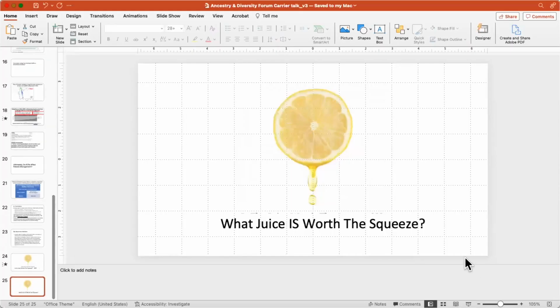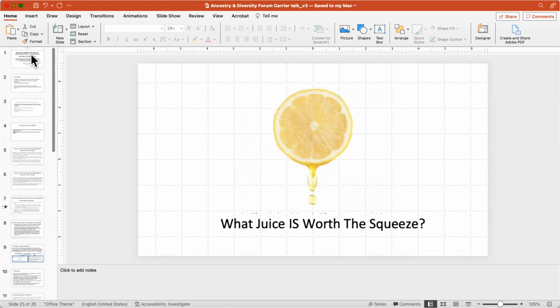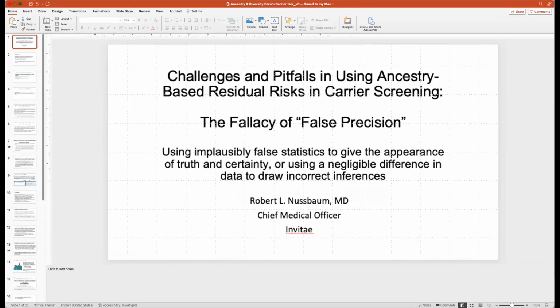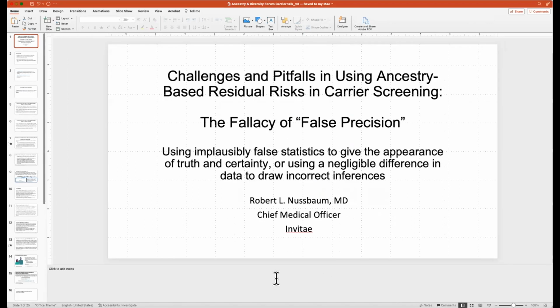Oh, okay. And I will say I completely agree with your last point. And the one quick point I was going to make is that carrier screening is often being done, for example, in the US population, to people who have come from other parts of the world. The cases are often actually in those countries.